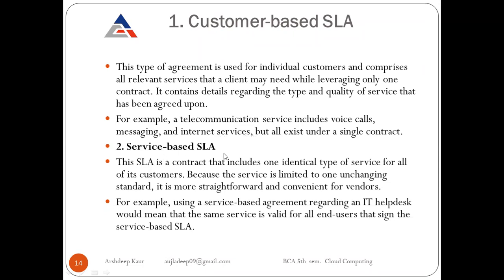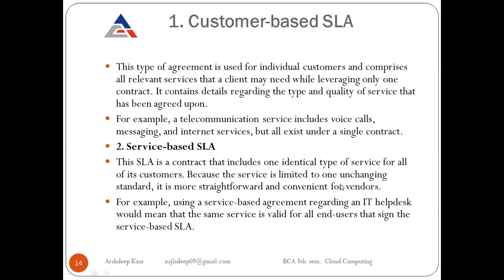Next is service-based SLA. The second category of SLA is service-based SLA. Now it depends upon the services. This SLA is a contract that includes one identical type of service for all of its customers. Let us suppose we have 10 customers, but the level or the type of the service should be the same for all customers.